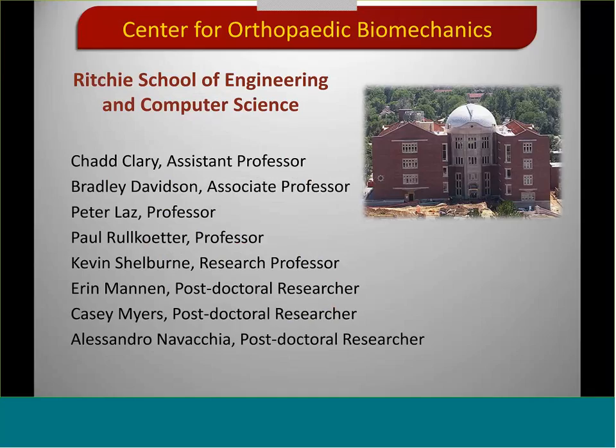The three of us, as Jen said, work in the Center for Orthopedic Biomechanics at the University of Denver. Our center is located in the Department of Mechanical and Materials Engineering and the new Ritchie School of Engineering and Computer Science that's pictured on the right. To save time, I won't introduce each of the people listed here. We're all part of the center, but what I really want to communicate most of all is that the work of the center is strongly collaborative.